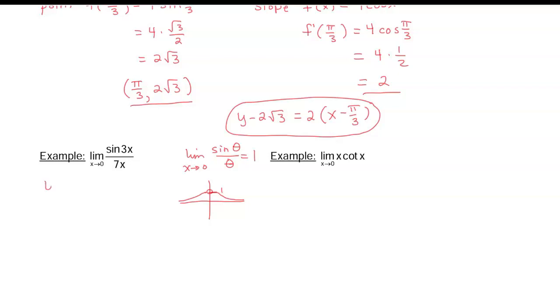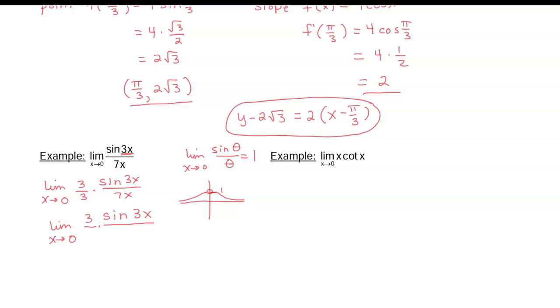Knowing that, I'm going to manipulate the expression that we have. We have a limit, and I'm noticing that the angle we're working with in sine is 3x. So I'm going to introduce a 1. I'm going to introduce 3 over 3, which is 1. I can multiply top and bottom by 3. I'm going to rewrite the denominator. So in the numerator, we have a 3 in the first fraction. We have a sine 3x in the second fraction.